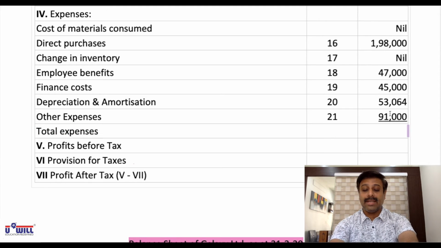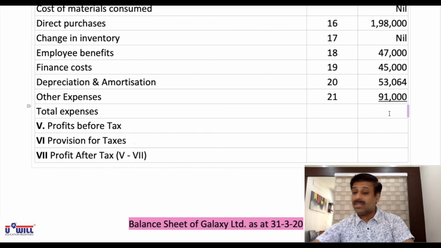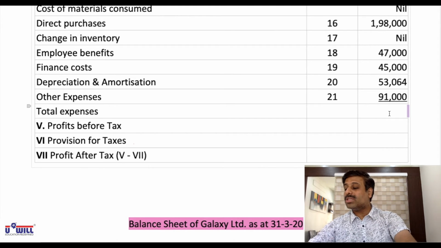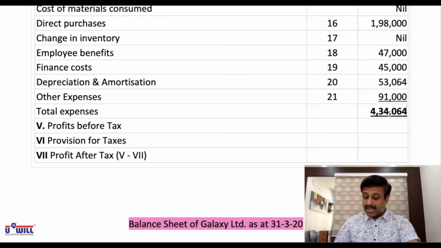So total of expenses we have to do now: 1,98,000 plus 47,000 plus 45,000 plus 53,064 plus 91,000. That comes to 434,064. Just verified once again, because if there is any mistake then everything will go wrong.